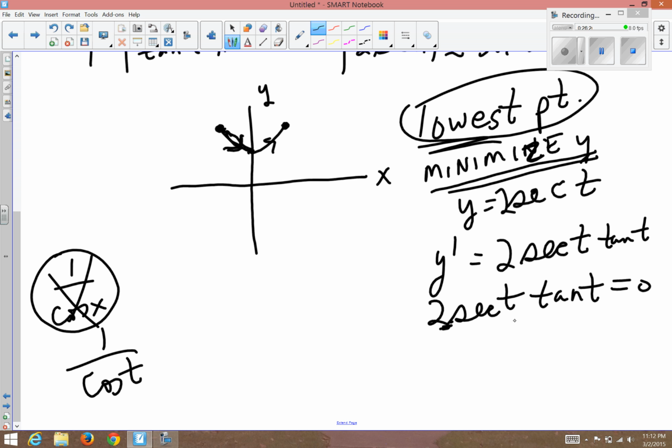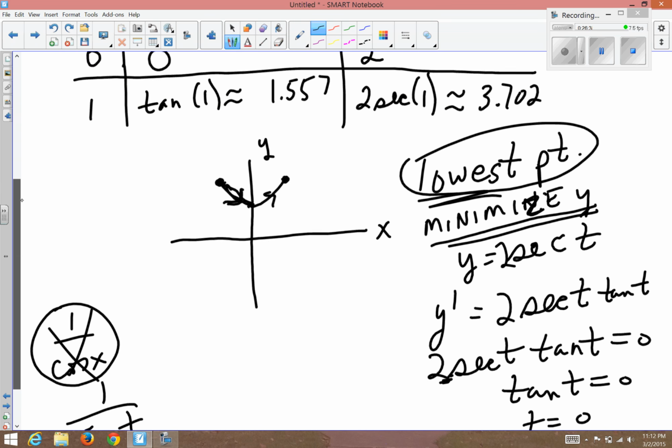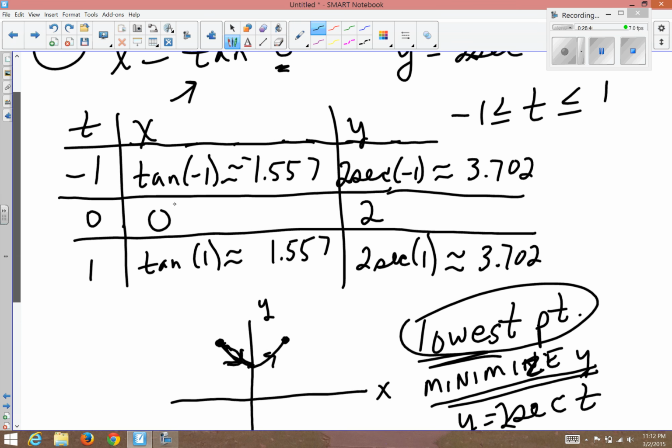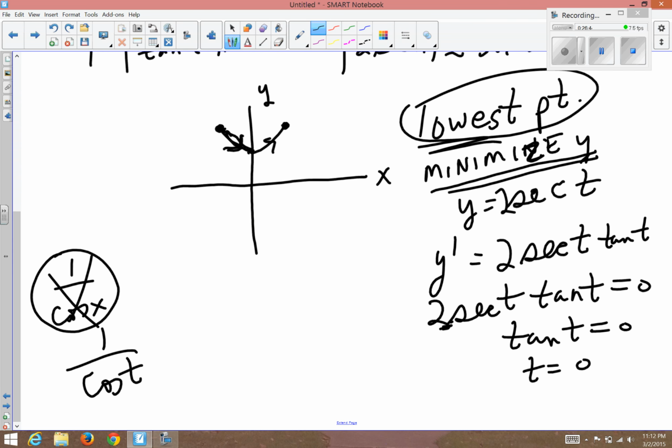The derivative of this can only equal 0 if tan t is 0. And since the tangent of 0 is 0, we're going to get the lowest point when t is 0. And when t is 0, we're at the point 0, 2. So the lowest point on this is the point 0, 2.